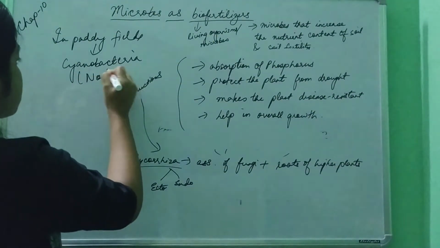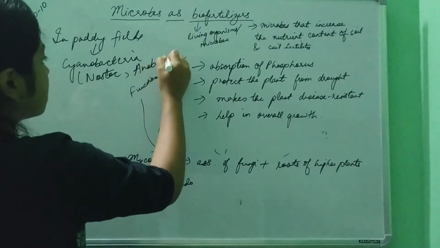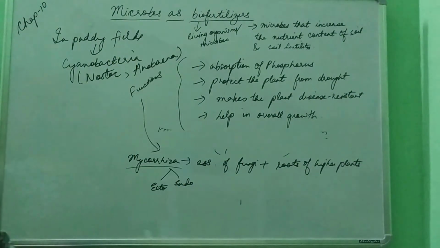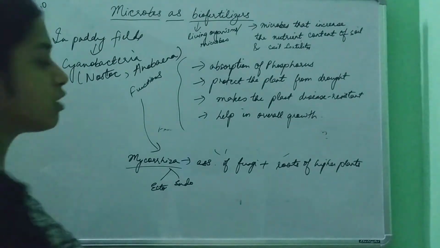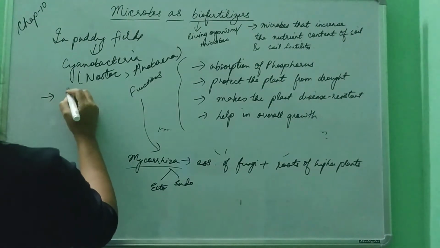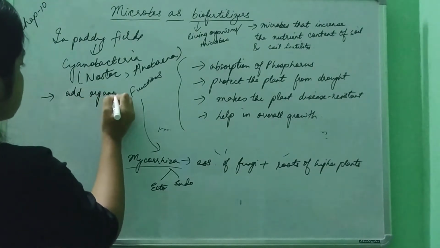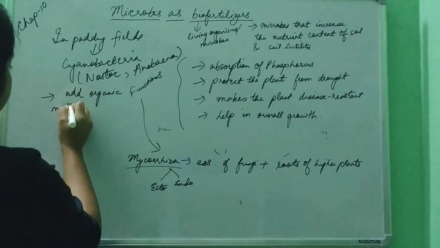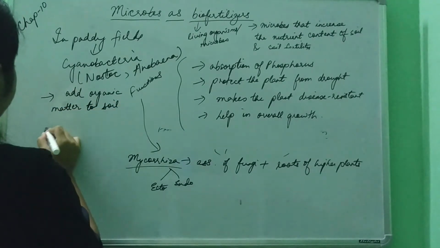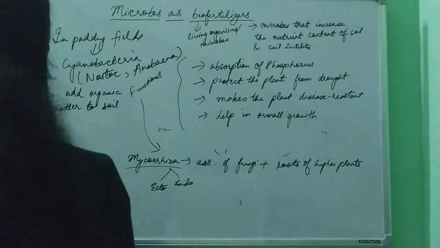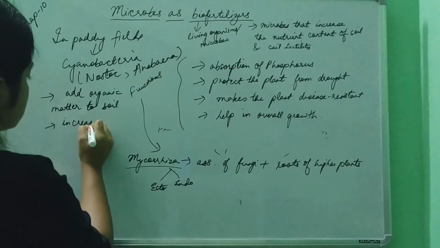Examples of cyanobacteria are Nostoc and Anabaena. So this cyanobacteria, you have to know the functions of cyanobacteria. One is they will add organic matter to the soil. Next function is they will increase fertility of soil, which is obvious.